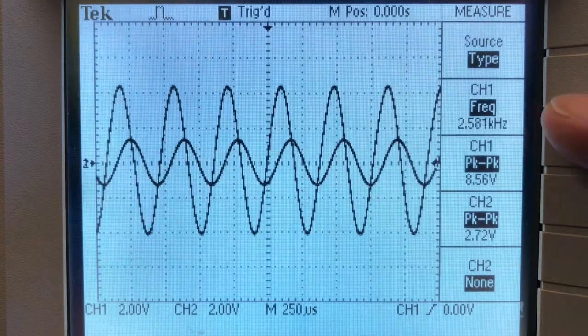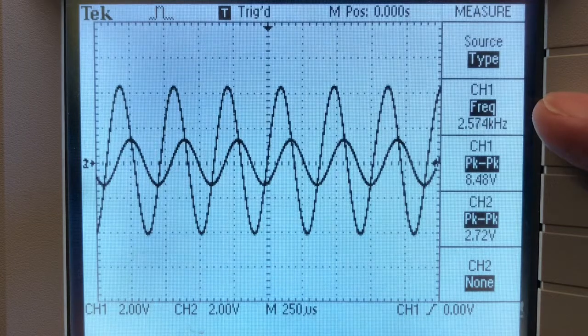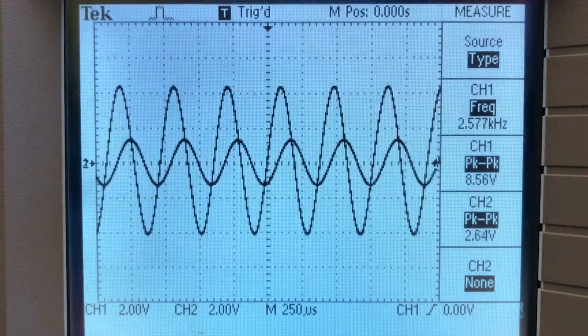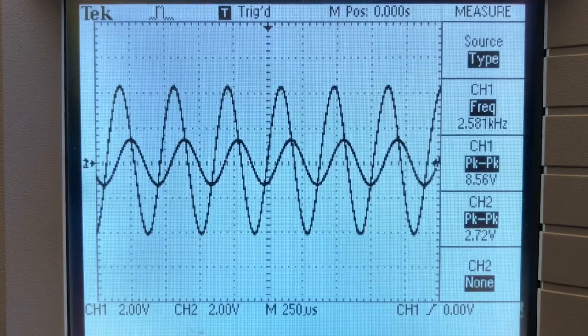Right now, the frequency that we're at is 2.57 or 2.58 kilohertz, depending on what it's jumping around to. The channel 1 voltage, which is the output of our function generator, that's going to be VO in the lab write-up.